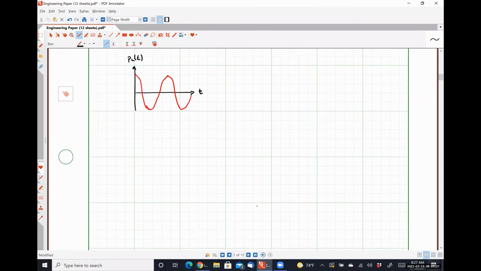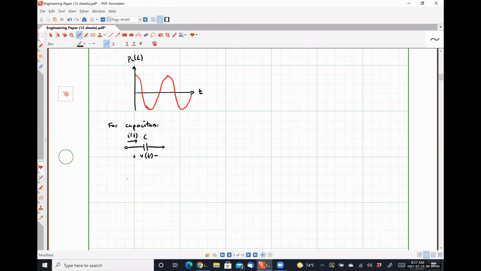So for capacitors, let's say that we have a capacitor C into which a current I of t is flowing and a voltage V of t is present across its terminals.